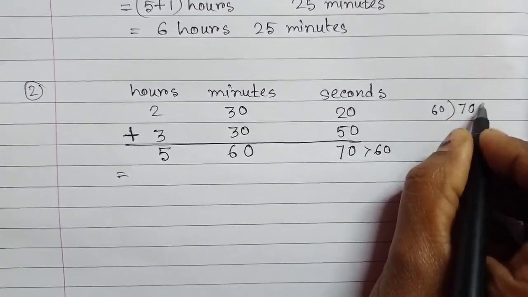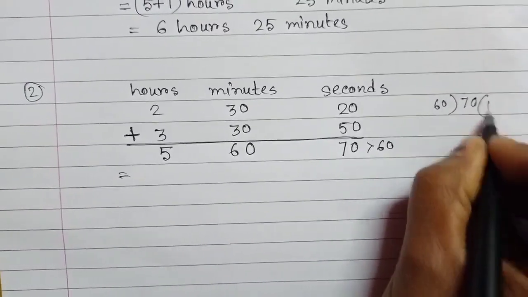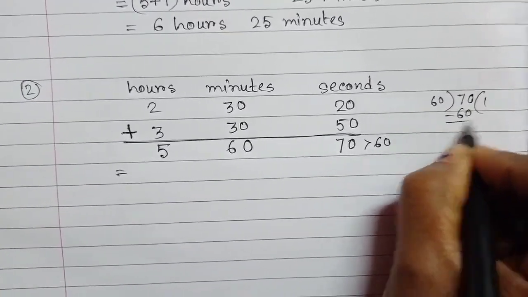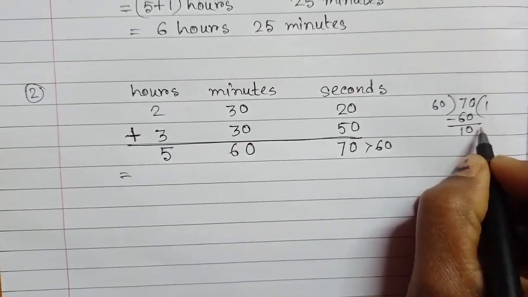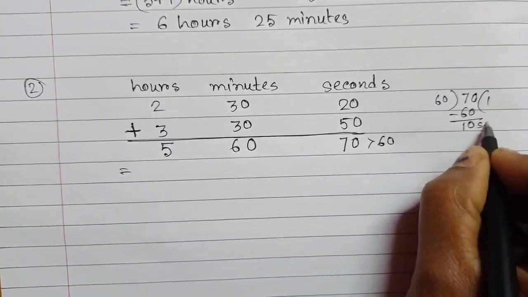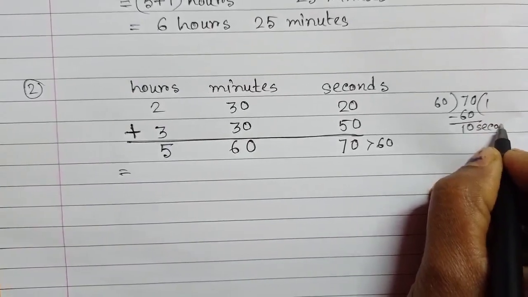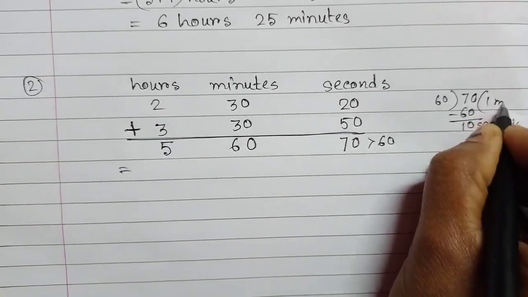Now we have to divide 70 by 60. 60 ones are 60. We get the remainder as 10. So 10 seconds, 1 minute.